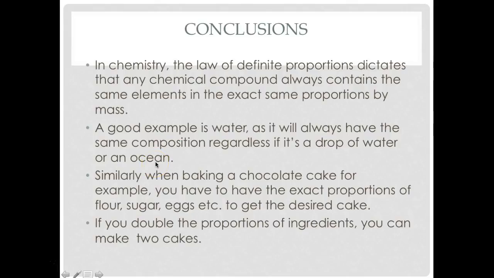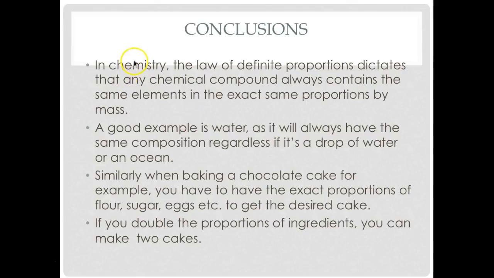The chemical composition is not going to change. 88% will always be oxygen, and the 11% will be hydrogen, when you do a percentage mass composition of the drop of water or the ocean full of water. So, what could be some of the real life applications for this law of definite proportions?